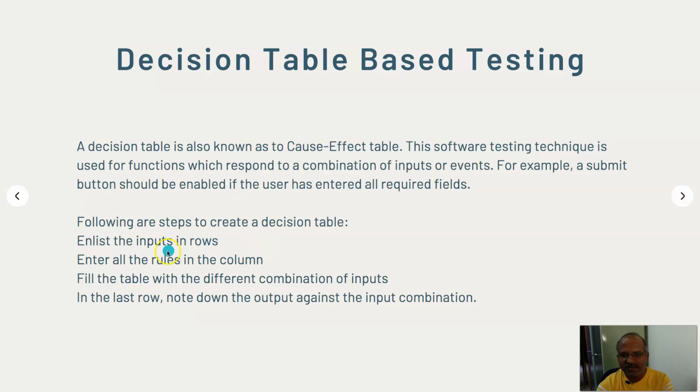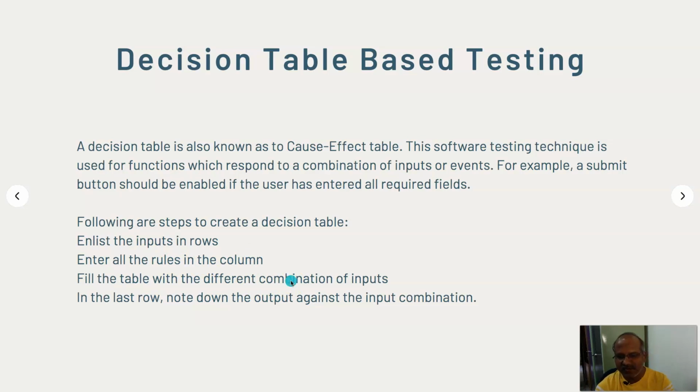So what are the steps? This is how you create a decision table. Enlist all inputs in rows, right? You put all inputs in rows and enter all the rules in the columns. Then fill the table with different combinations of inputs.